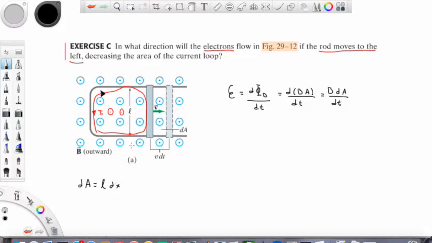And the change in the horizontal dimension is simply the product of the velocity that we are moving times some time increment, dt. So v times dt. So we get B times L times v times dt divided by dt, and these two cancel, and we get simply B times L times v.